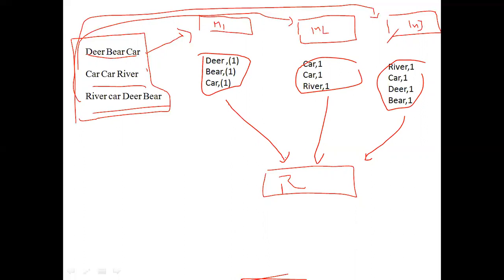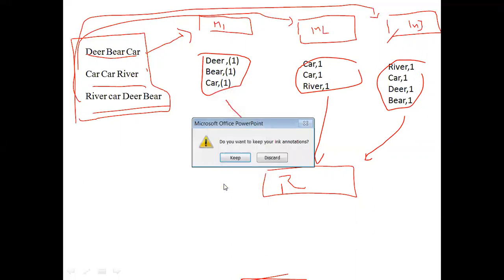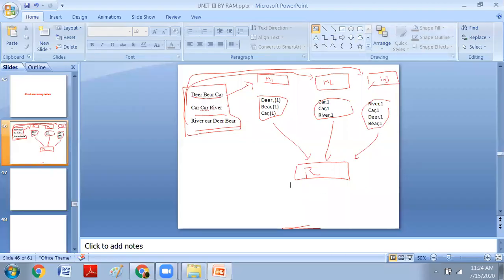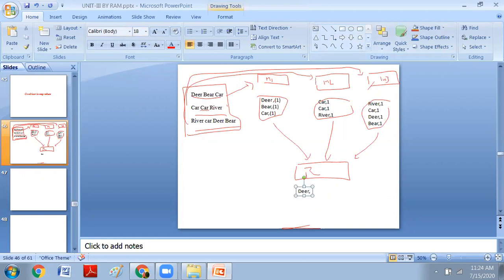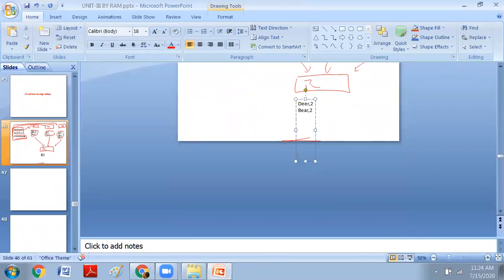If you observe, the output of the reducer will be like this: deer, 2; beer, 2; car, 3; river, 2.